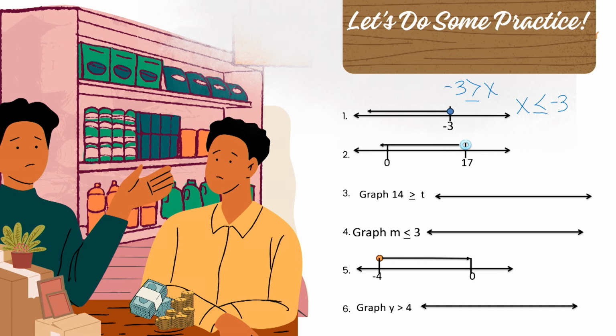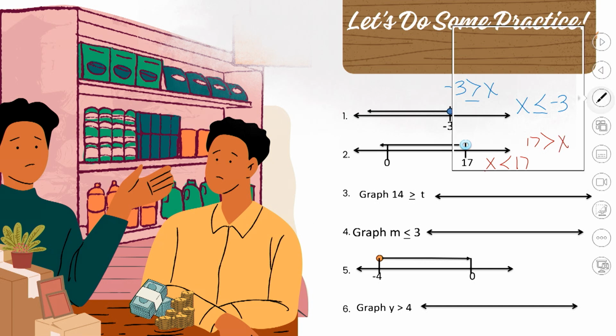Number 2, I have an open circle, so that means I'm not going to have a line. So I have my unknowns, which are going to be less than my 17, or I can say that my 17 is greater than my unknowns. So let's go ahead and graph number 3.